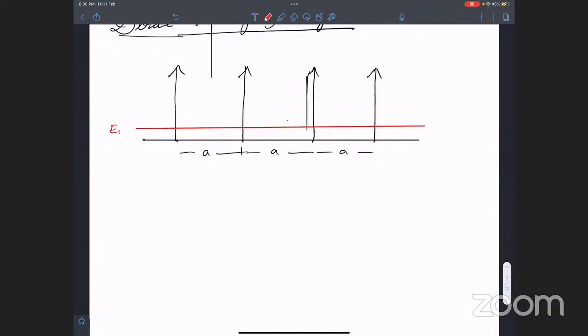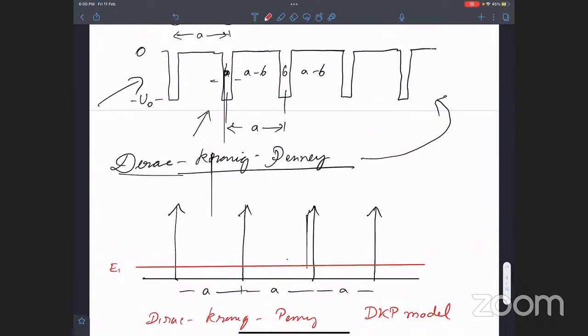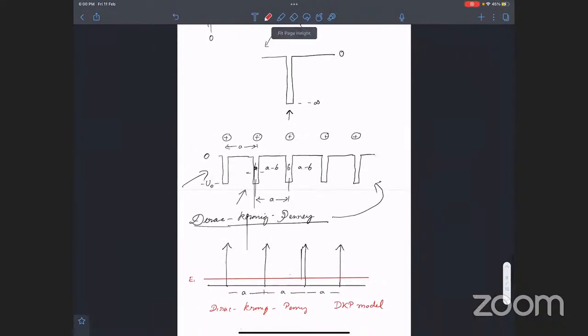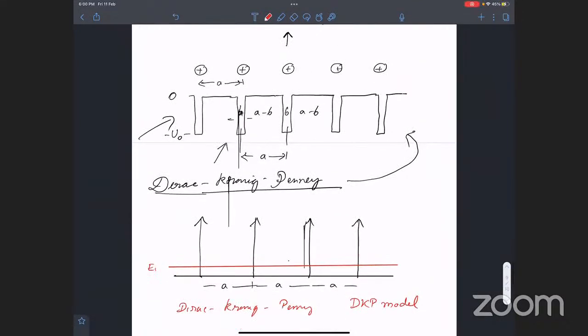Okay, so this particular problem is actually called the Dirac-Kronig-Penney model, DKP model. And it may not look like the potential for a one-dimensional crystal, right? But it actually has a similar mathematical form, in the sense that it has a periodic potential. And so what Dirac realized is that rather than solving for something that looks very realistic, let us instead solve it in an abstract sense.